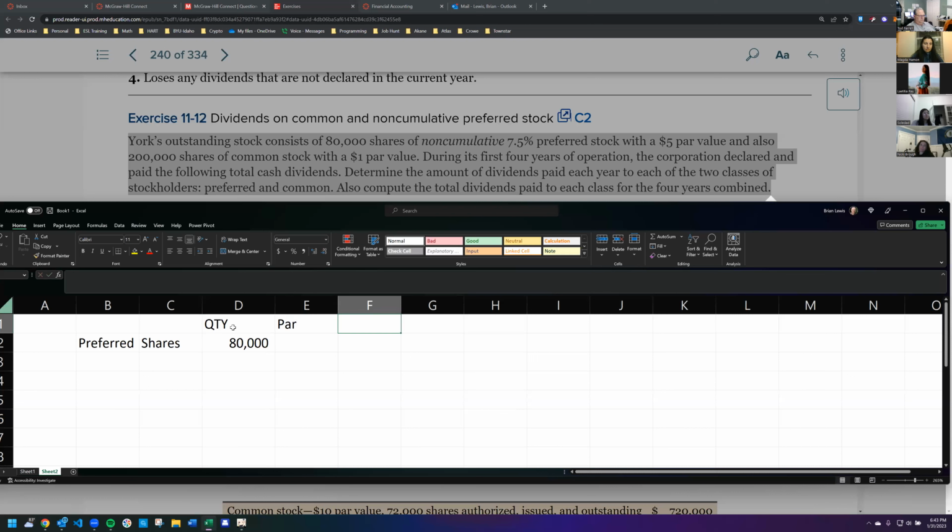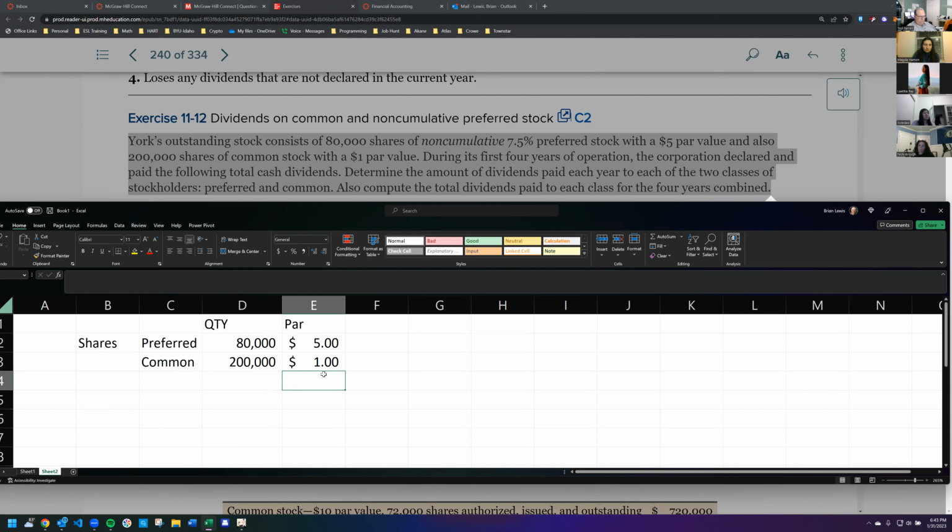Quantity, par is $5. And also we have some common of 200,000, and that is $1 par value. So these are some of our initial starting points.